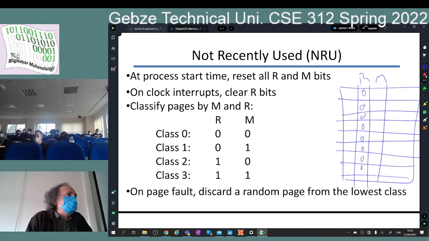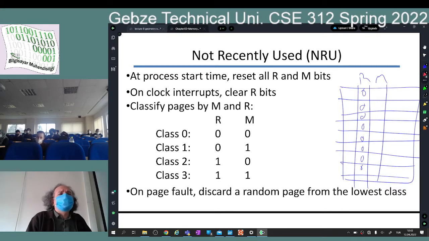That's expected because I did not access them yet, and I did not modify them yet. And the second thing is important: on clock interrupts, I clear the R bits one by one.